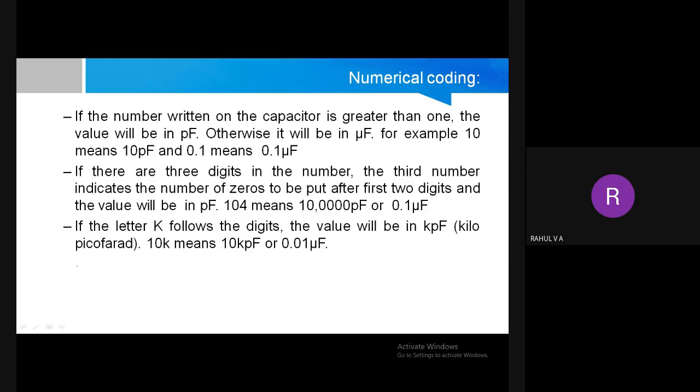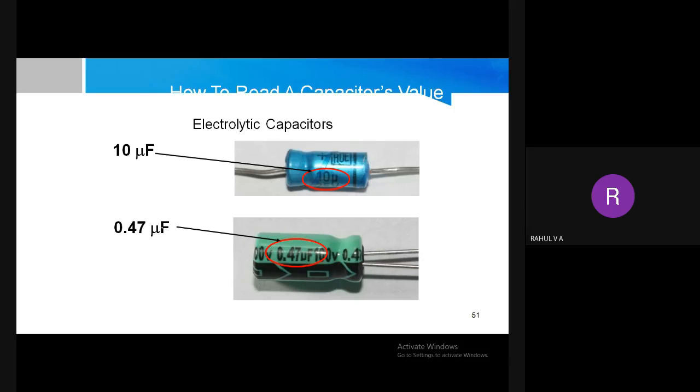So in the previous class, we were discussing numerical coding of capacitors. We said that there are three methods to read the value of a capacitor. The first method is to read it directly from the capacitor. Normally, in the case of electrolytic capacitors, the values are directly written on the capacitor.